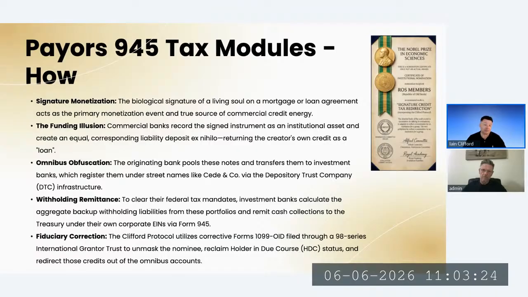And then we've already created the Foreign Grantor Trust, filed 1099 OID, which makes the Foreign Grantor Trust the holder in due course, and those taxes then are redirected to the Foreign Grantor Trust for your use. You spend them and recoup them. Next slide.